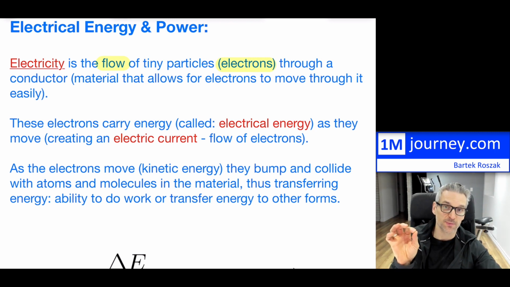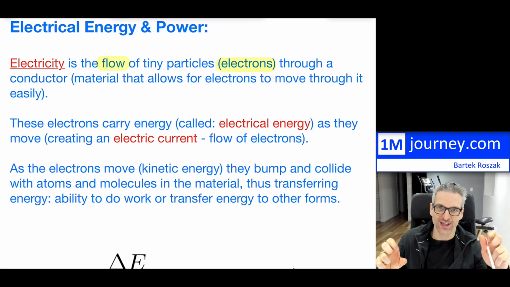So when you're talking about electrical energy, it is very specific to the concept of electrons and the flow of those electrons. Now, as they are moving, that movement is called an electric current. You're going to run into this word as well. So that current is the flow of the electrons. That's what you have there.